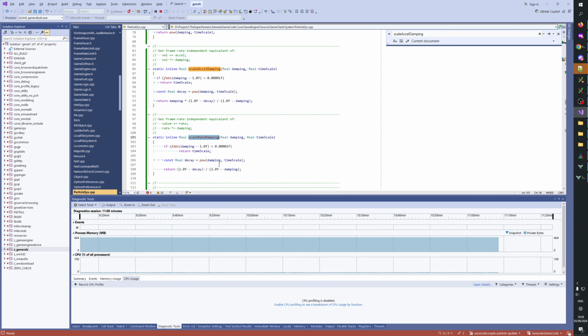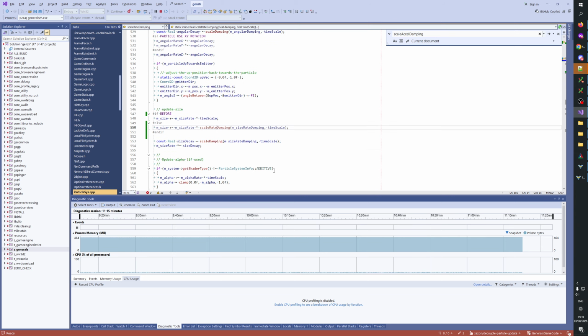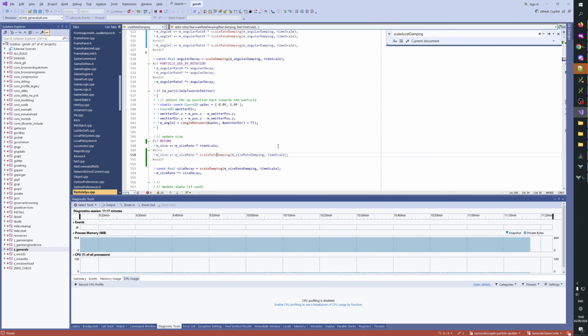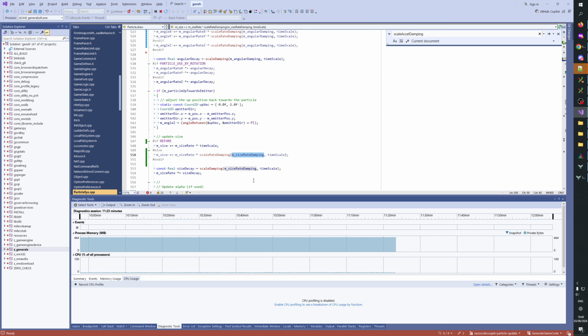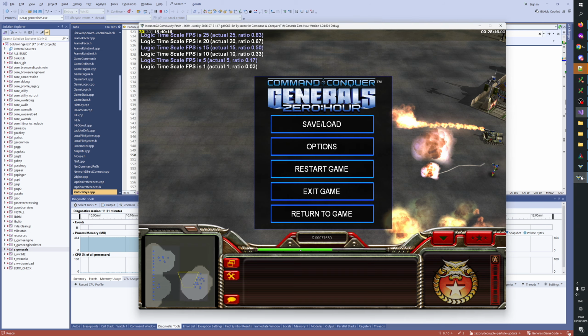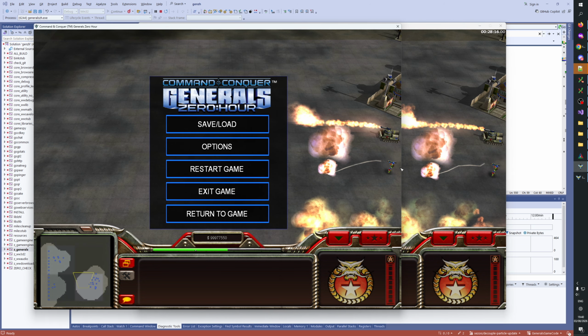Scale rate damping, what does it do? We don't see a difference. Maybe we are looking at the wrong particle.